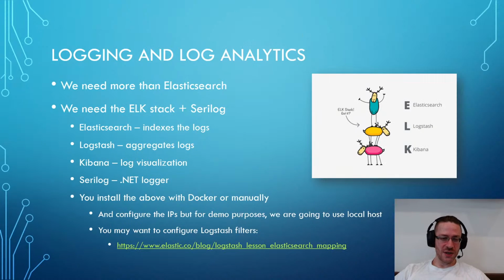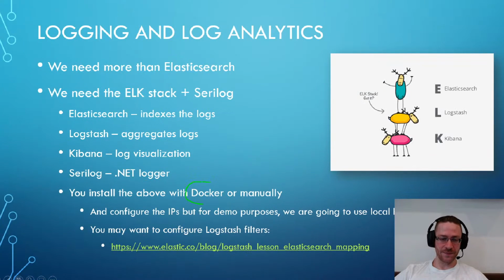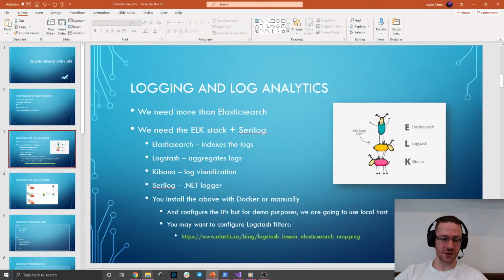What we need to do is we need to install all of these tools. Serilog is a typical NuGet package, so I believe you know how to install that, but all the others need to be installed manually. You can use a Docker container. All of these tools have Docker containers.